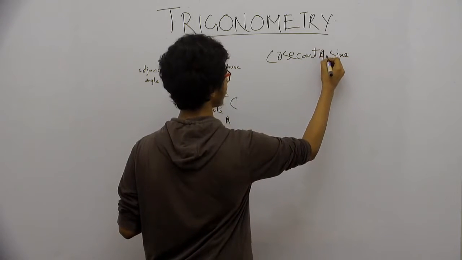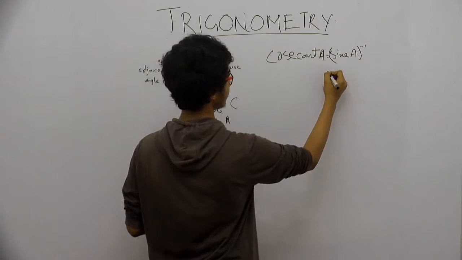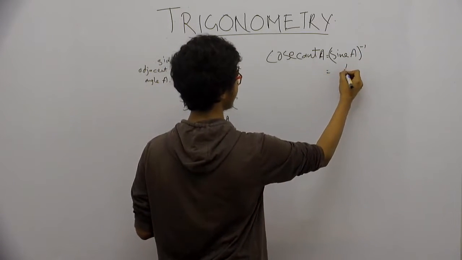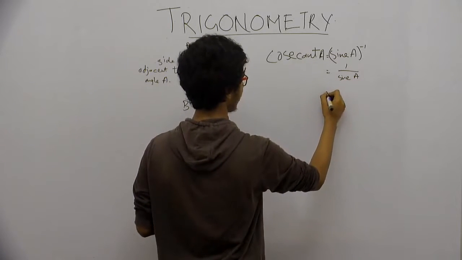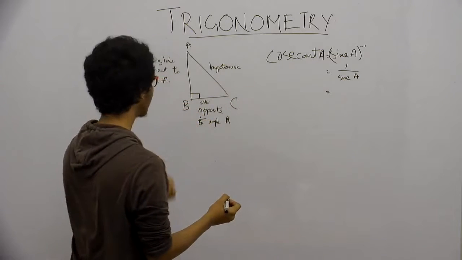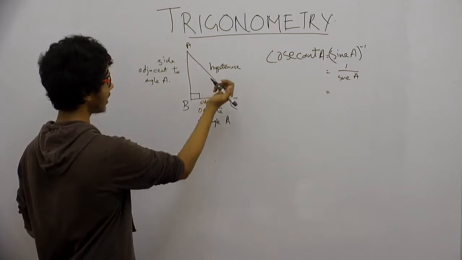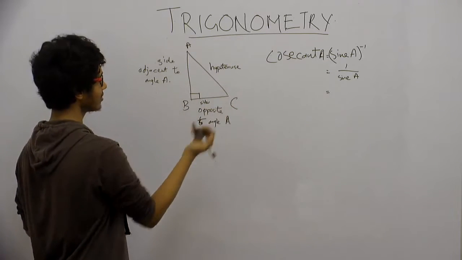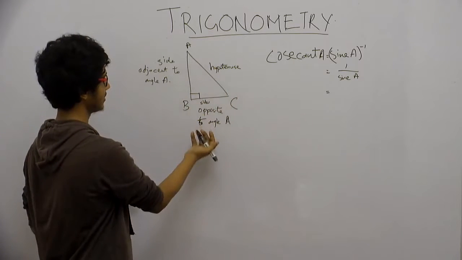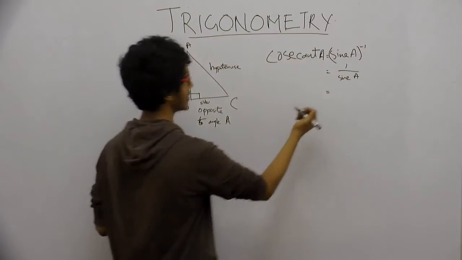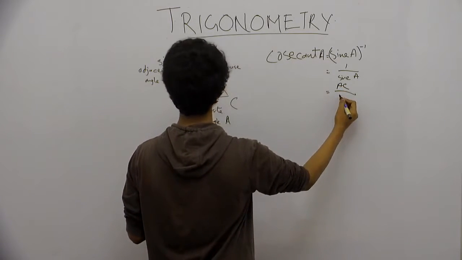Cosecant of A is equal to sine A inverse, which is 1 by sine A. Sine A was side opposite to angle A, means BC, divided by hypotenuse, which is AC. Cosecant is opposite, means hypotenuse is in the numerator and side opposite to angle A is in the denominator. So this is AC divided by BC.